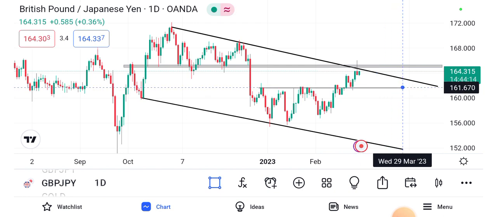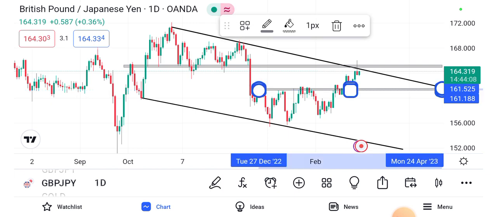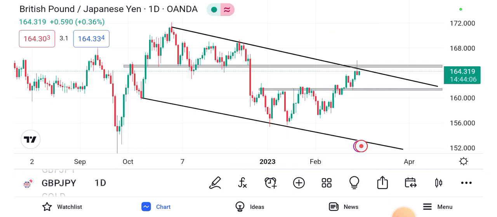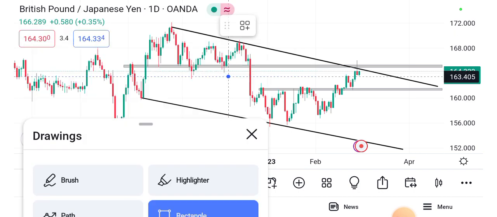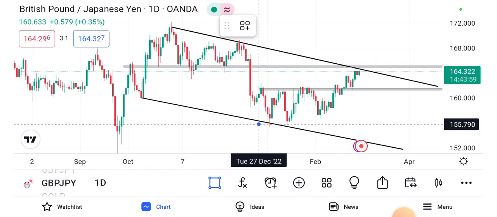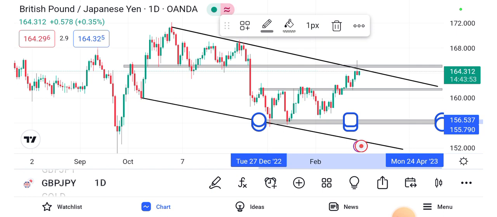This level is also strong. So if we were to buy on this level where it is right now, this will be our first take profit, and this will be our second take profit, right, guys?